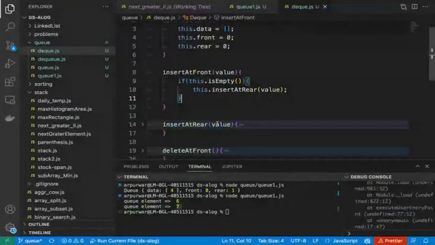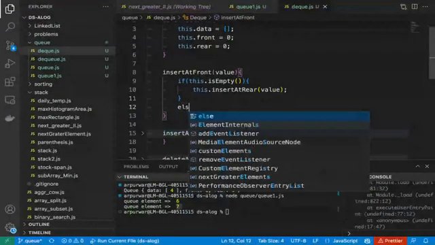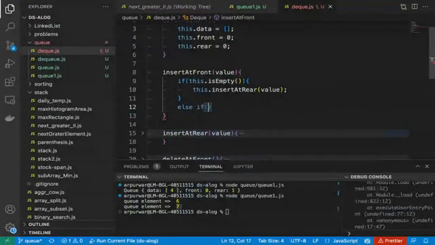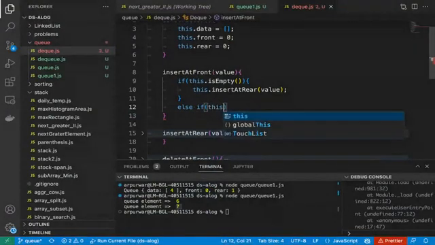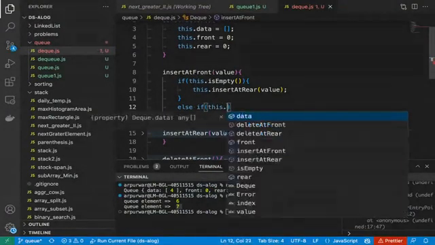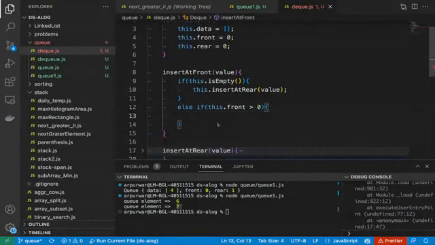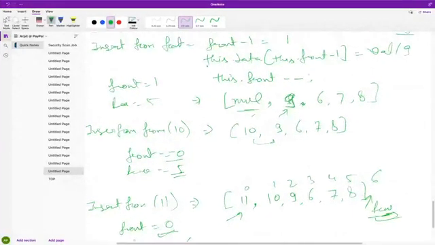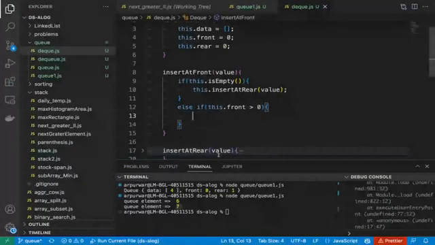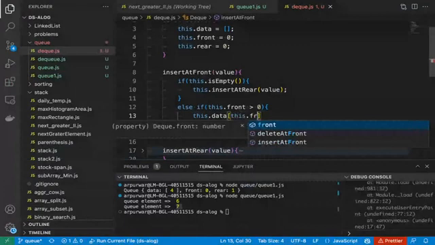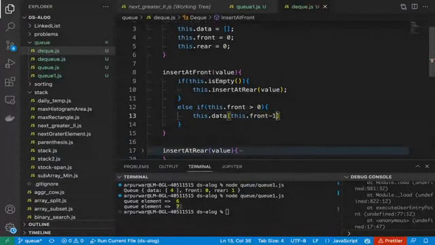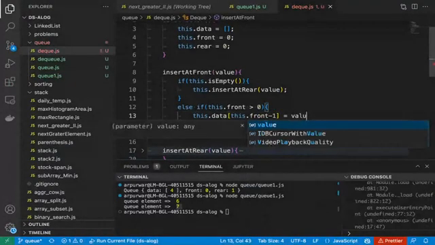Now let's go for the second scenario. Else if this dot front is greater than 0. The second scenario which we talked about: if our front is greater than 0, here we need to do this dot data, this dot front minus 1, is equal to value.